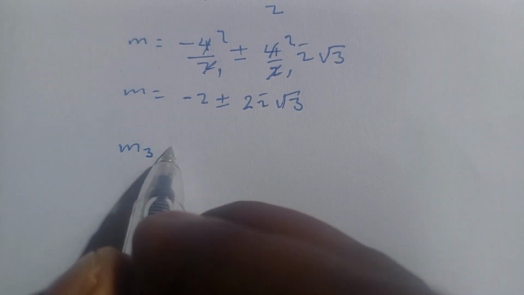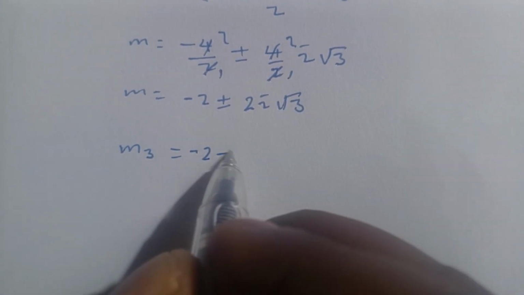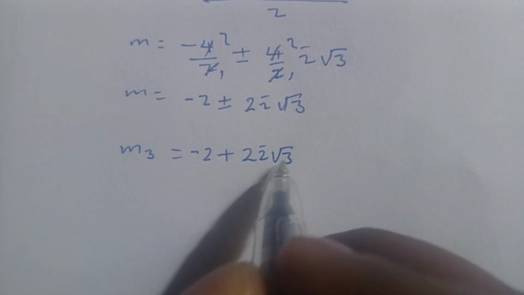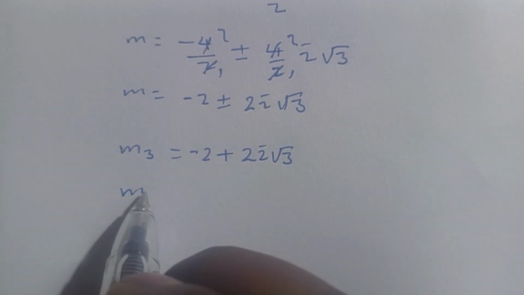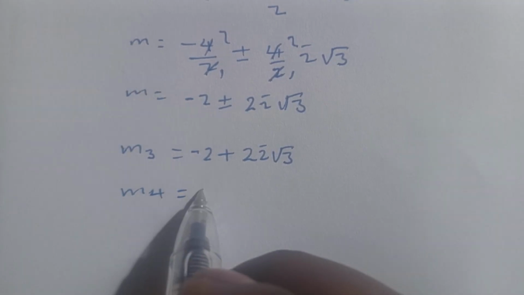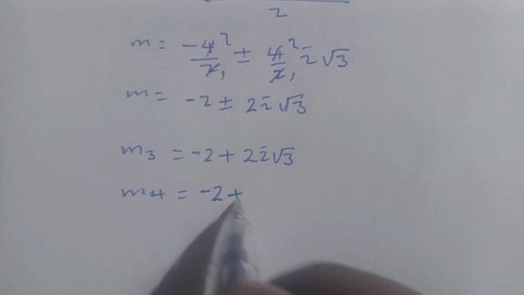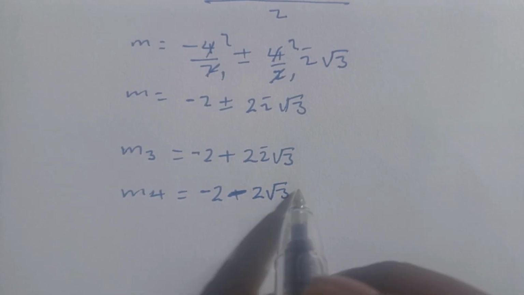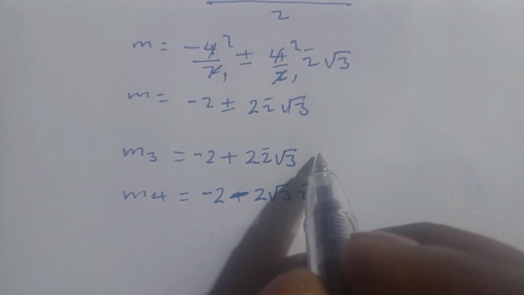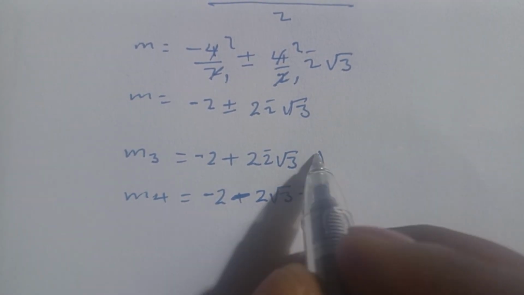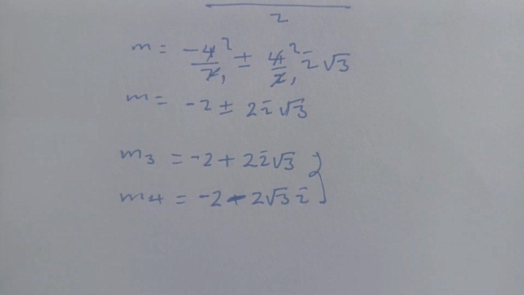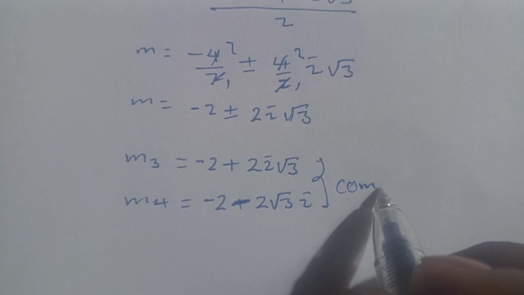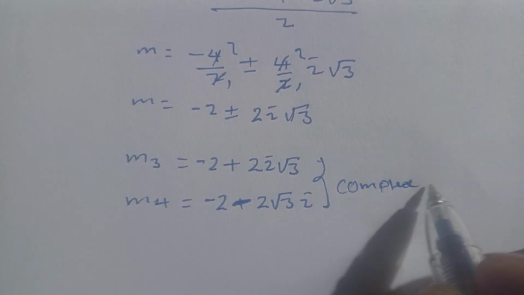So m3 equals minus 2 plus 2i root 3, and m4 equals minus 2 minus 2 root 3 i. These are complex number solutions.